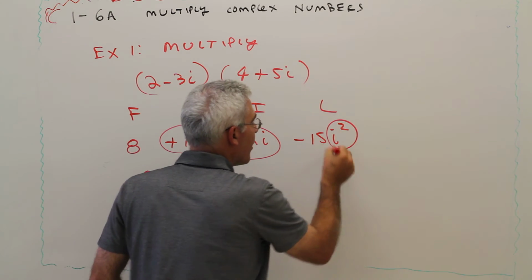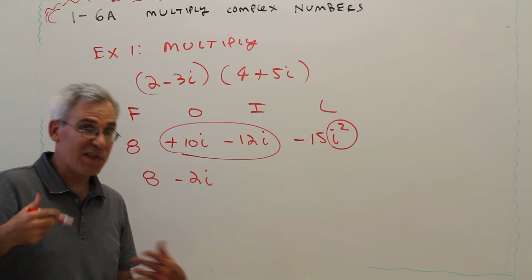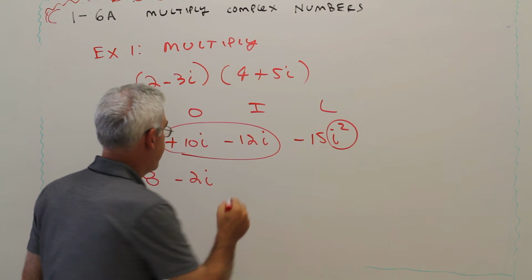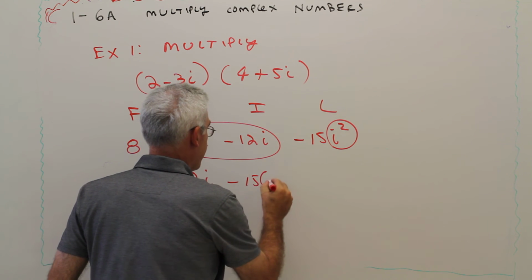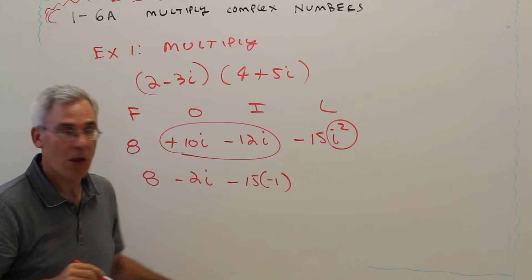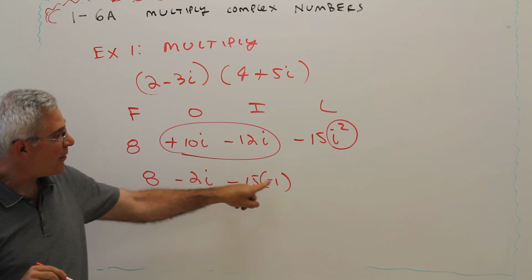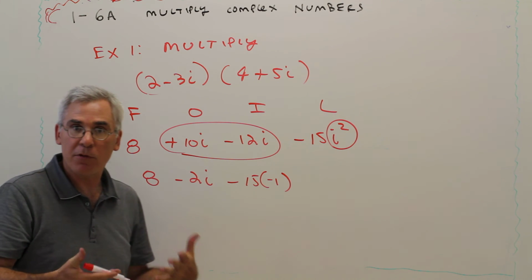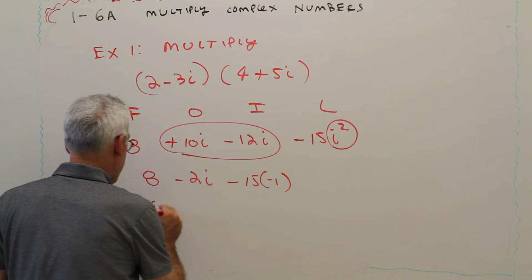And remember, i squared was -1. So I'm going to replace i squared with -1. Okay, and then a -15 times a -1 is a positive 15. I'm just showing small steps so you can follow along.